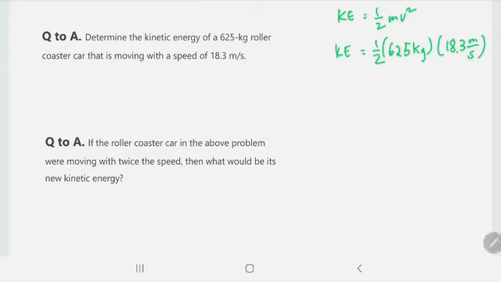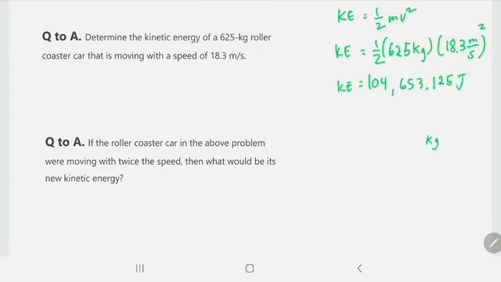I forgot the square. KE is 104,653.125 joules. How did I get joules?